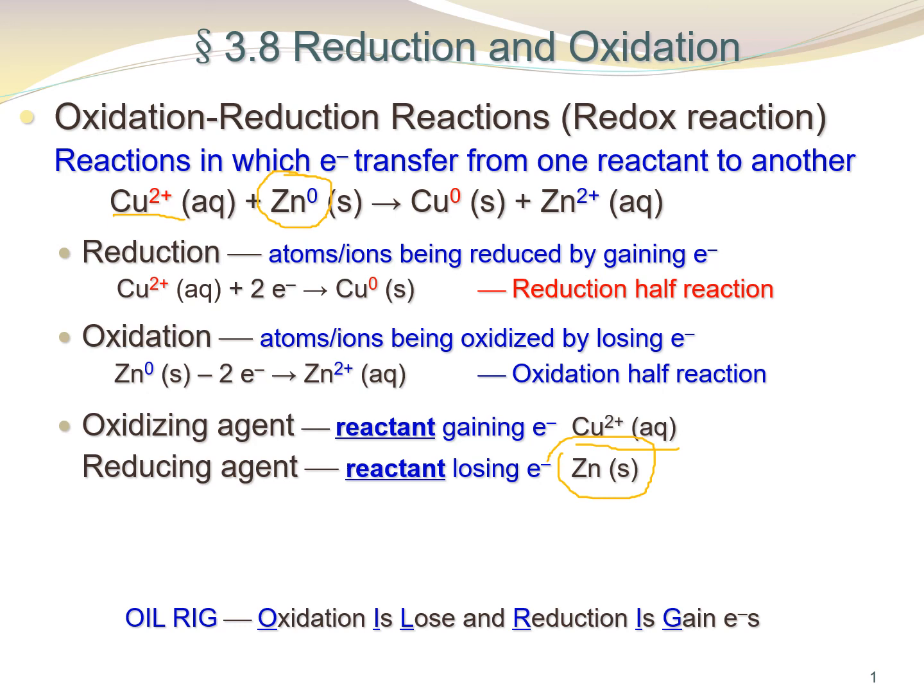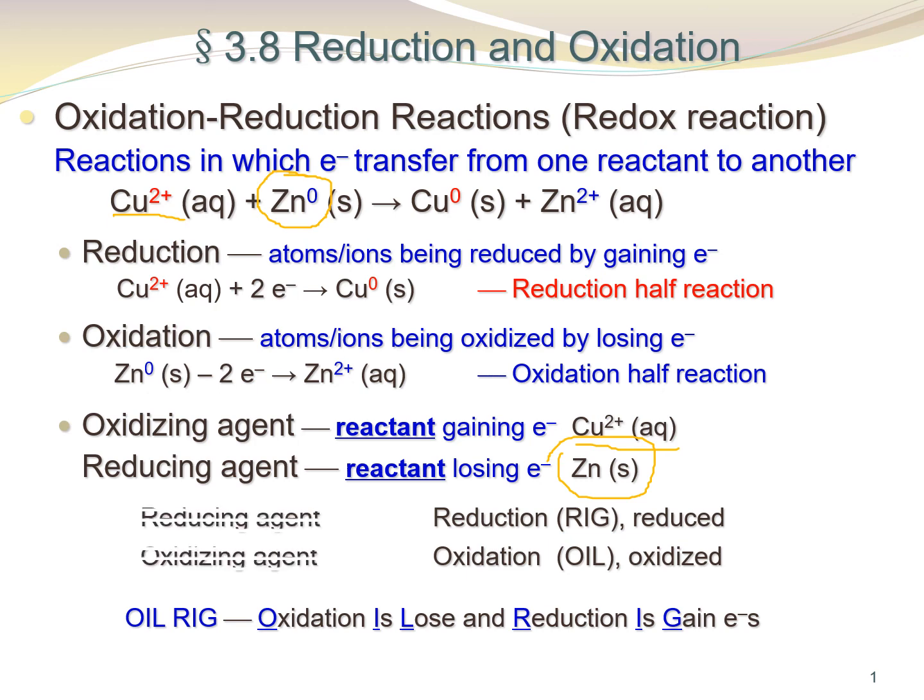If you want to build up a map by having reduction, reduced, oxidation, oxidized all together, we have reduction, which is reduced, acronym RIG, and oxidation, which is OIL, oxidized. They're all on different lines. And we can put reducing agent and oxidizing agent on the same lines as reduction and oxidation.